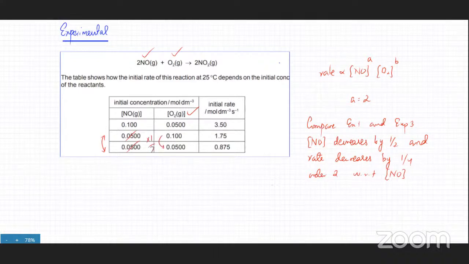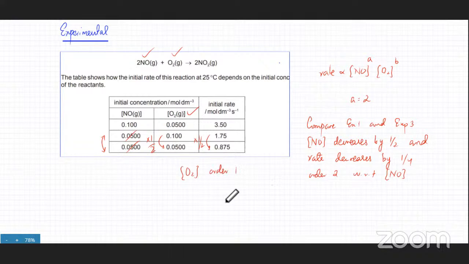And the rate of the reaction also decreases by half. Remember to work out the factor by dividing the smaller. So that's order 1. So with respect to O2 it's order 1. Clear?